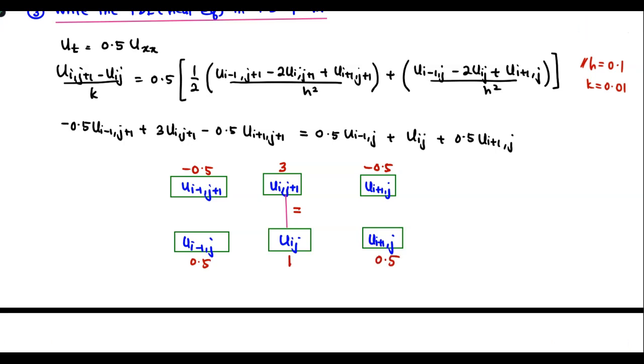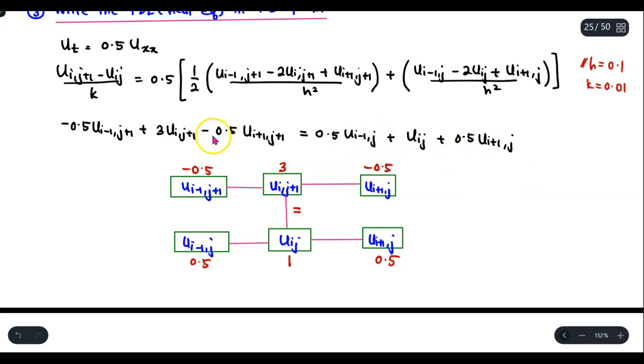Okay, so that is what we call the computational molecule, or molecule diagram, which corresponds to your equation over here. All right, so now again you must remark this u_{i,j+1} here to be what we call the reference node or the targeted cell.